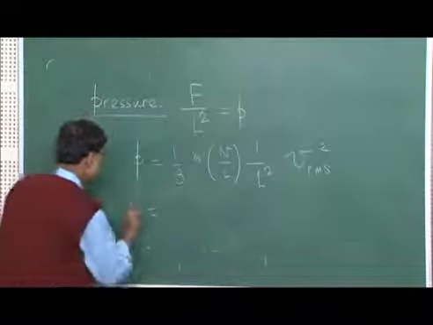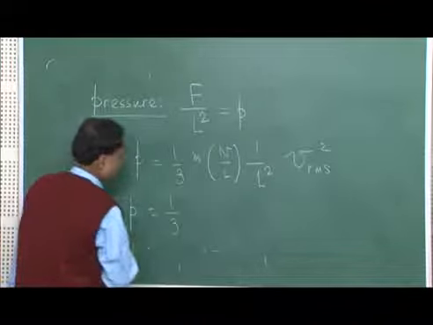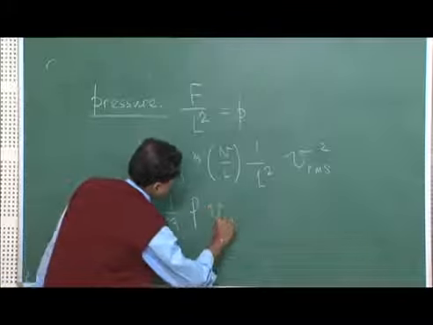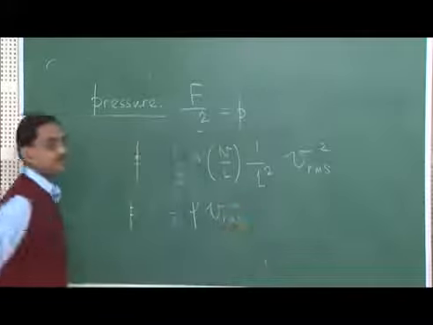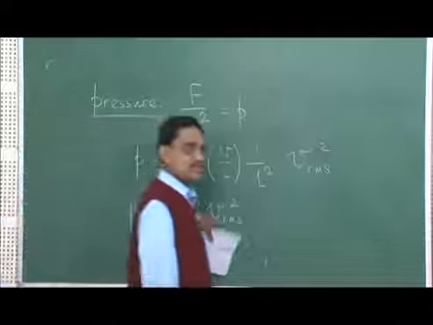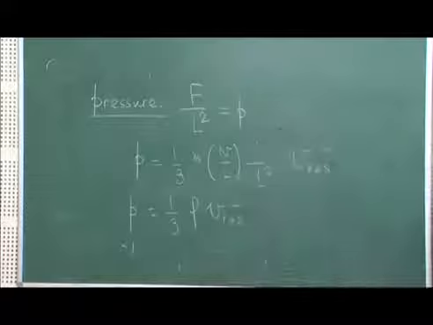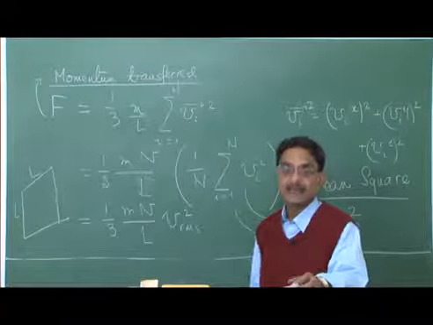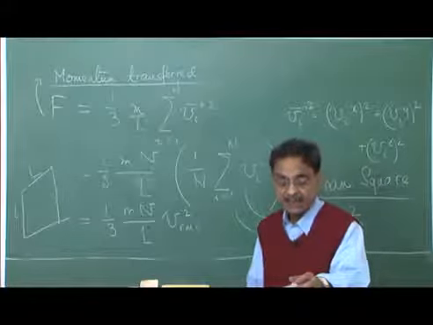So, I immediately know pressure is 1/3 of rho Vrms square. So, this is how Vrms is related to a macroscopically measurable quantity, that is pressure.